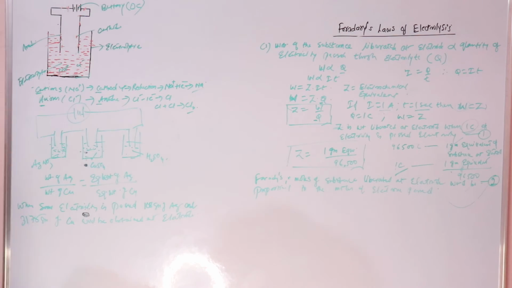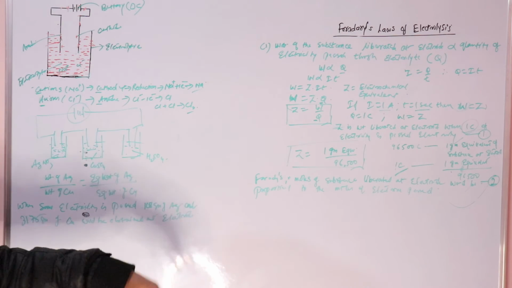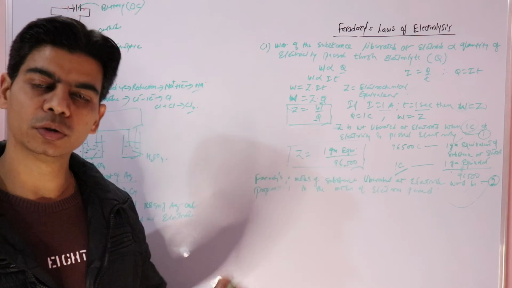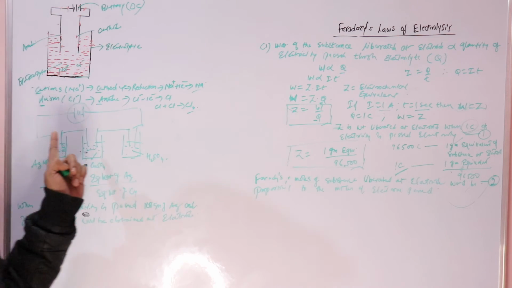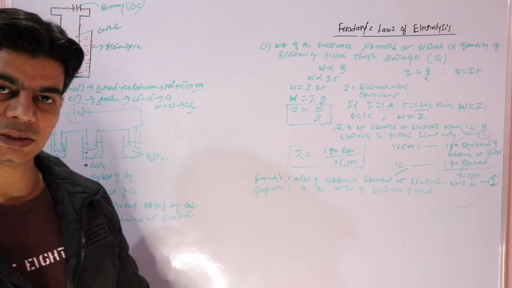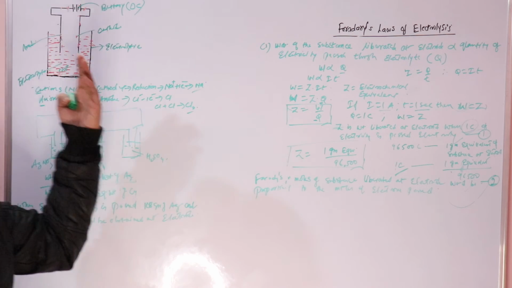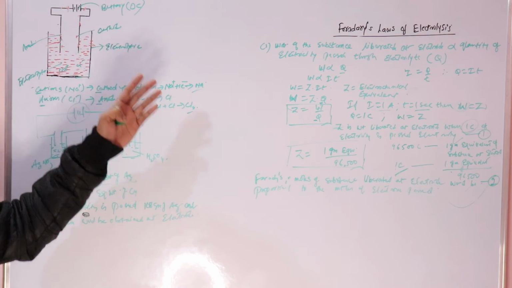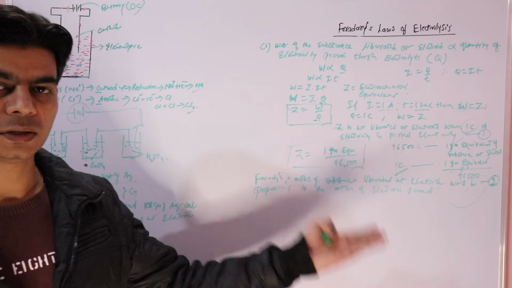The more moles of electrons that I pass through the electrolyte, the more would be the moles of substance, for example here sodium, obtained at the electrode.